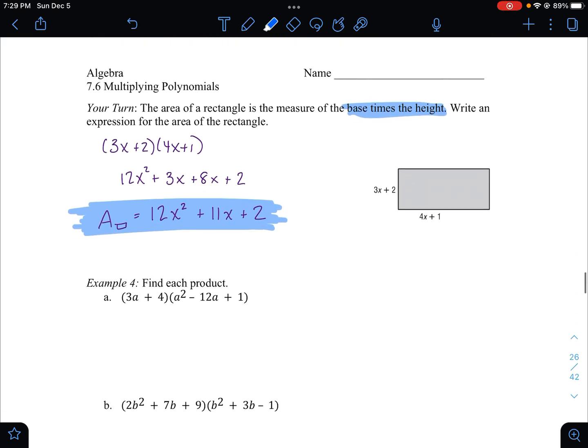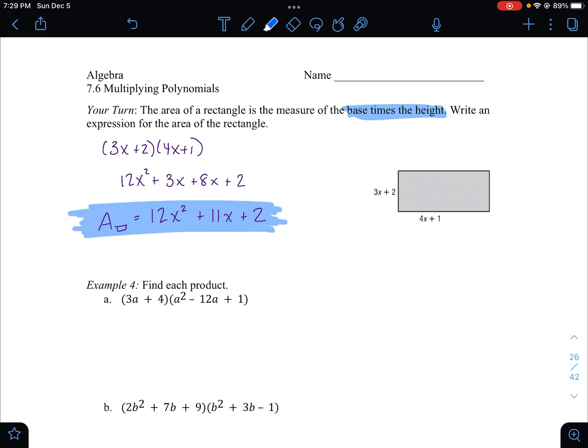All right, so the area of this rectangle is 12x squared plus 11x plus 2.